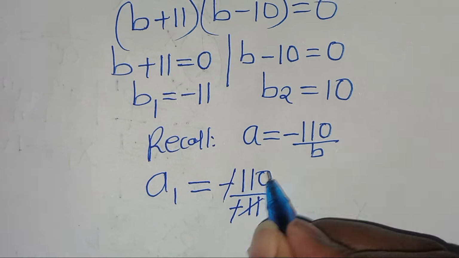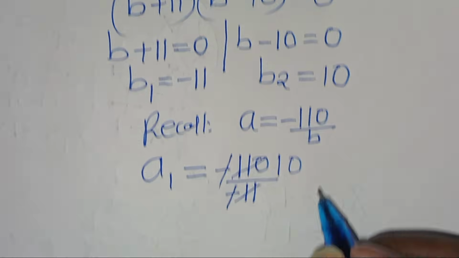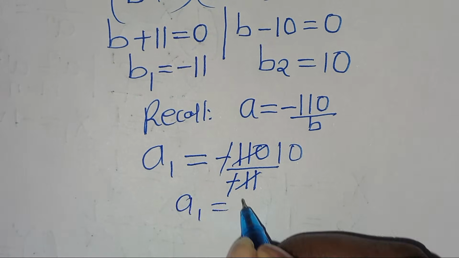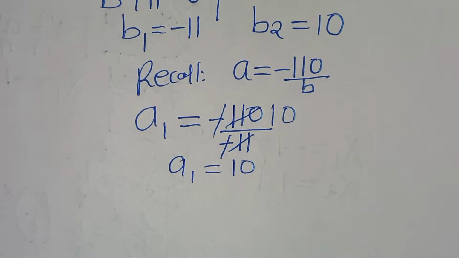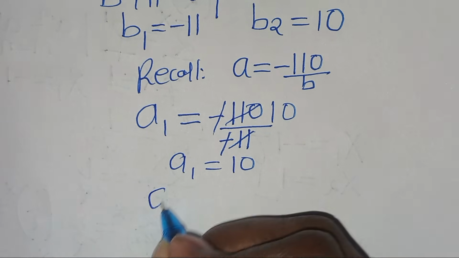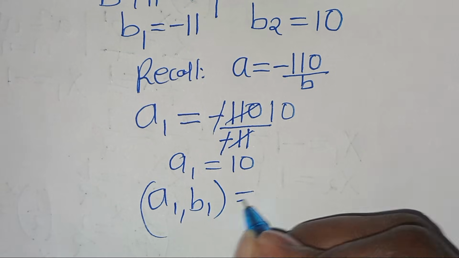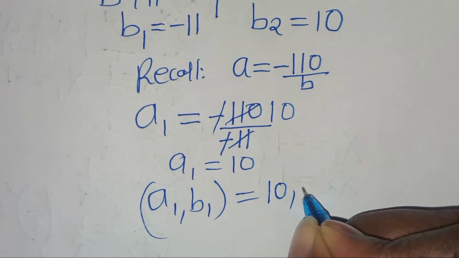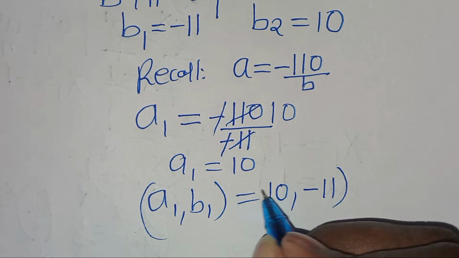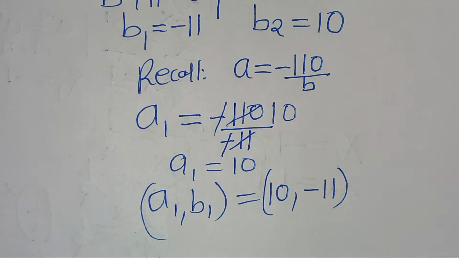So 110 divided by 11, this is 10. So a1 is equal to 10. Now the first set of solution, that is a1, b1, we have 10, minus 11.